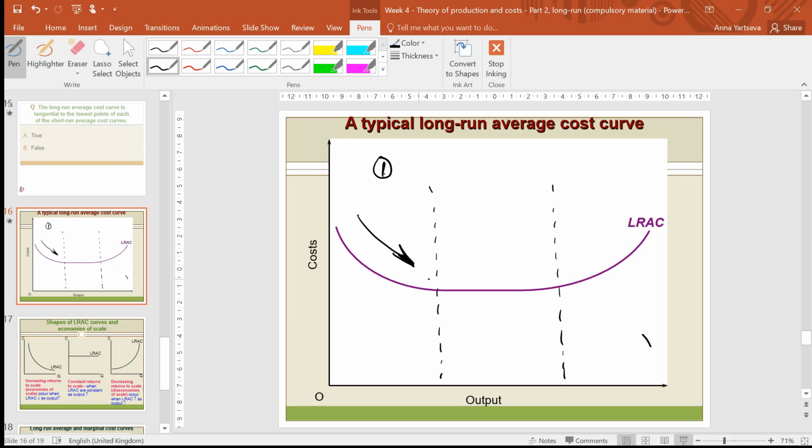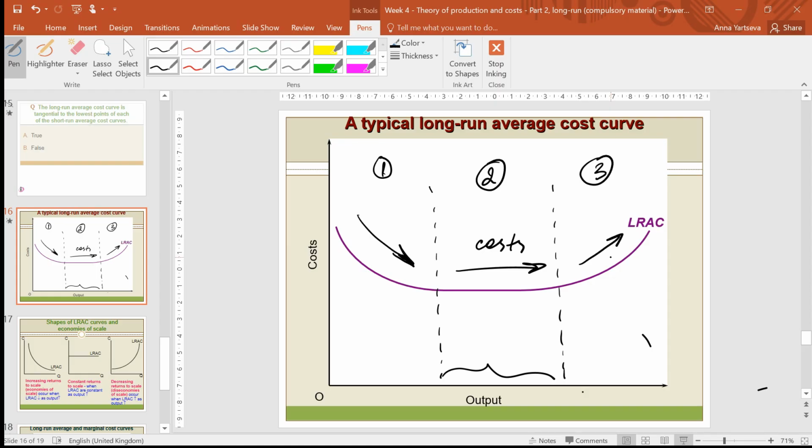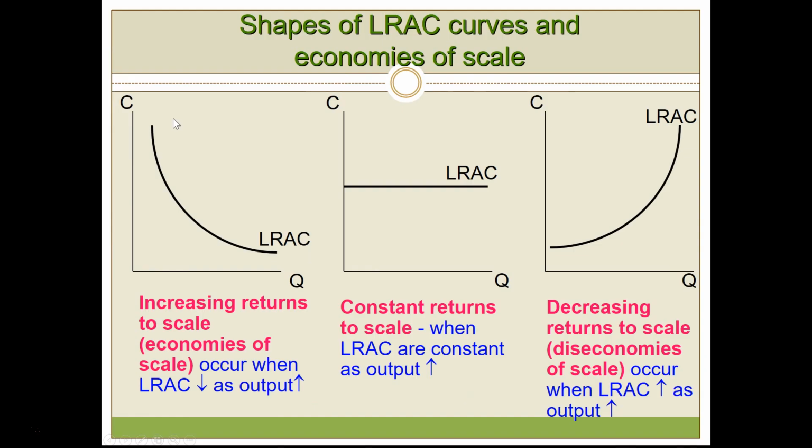In other words, costs are declining. In the second part, for this level of output, costs remain unchanged. And then in the third segment, our long-run average costs are actually increasing. These 3 sections of the long-run average cost curve, in fact, have separate names.